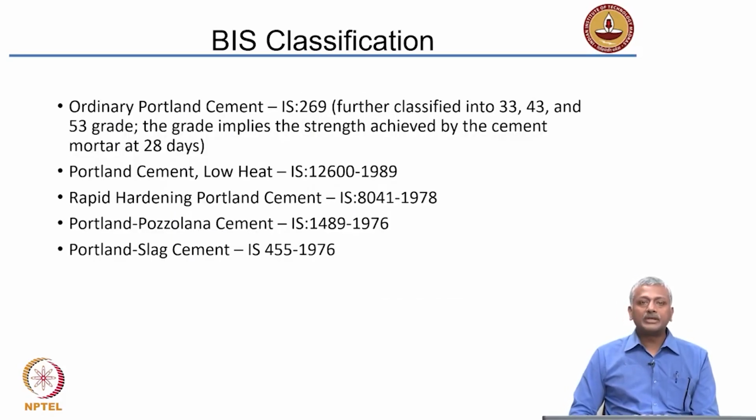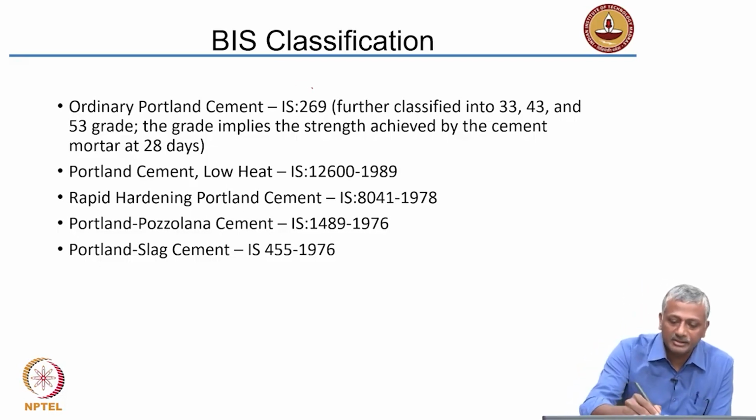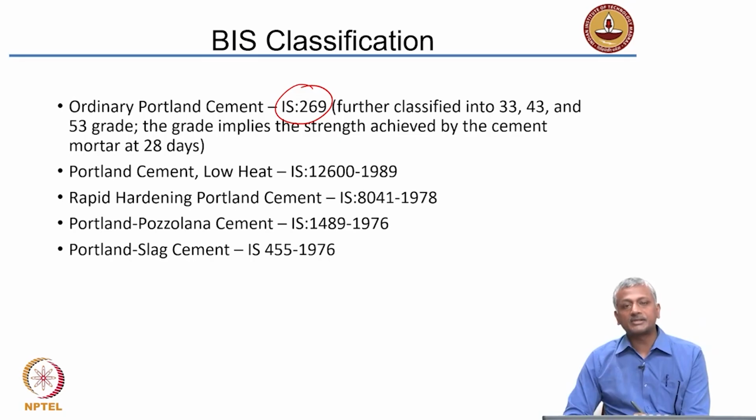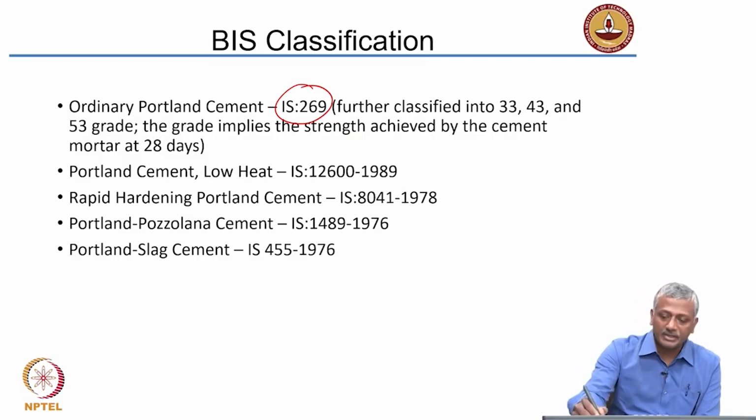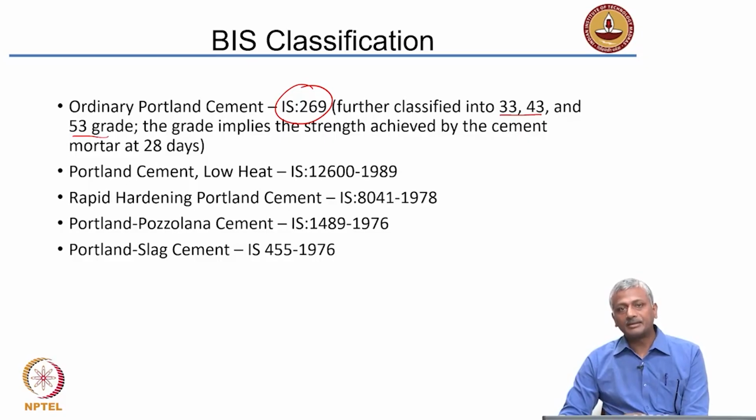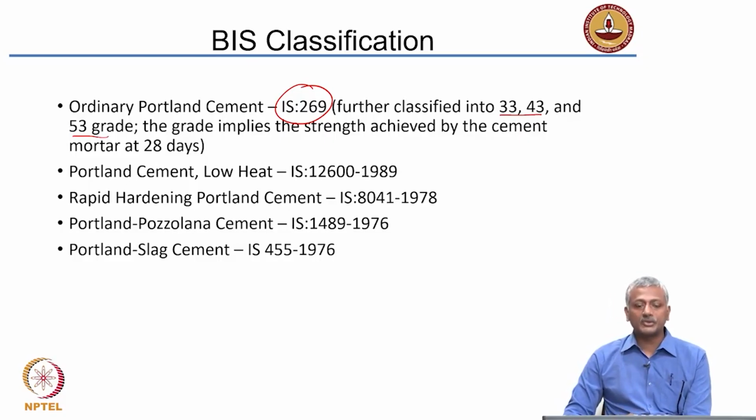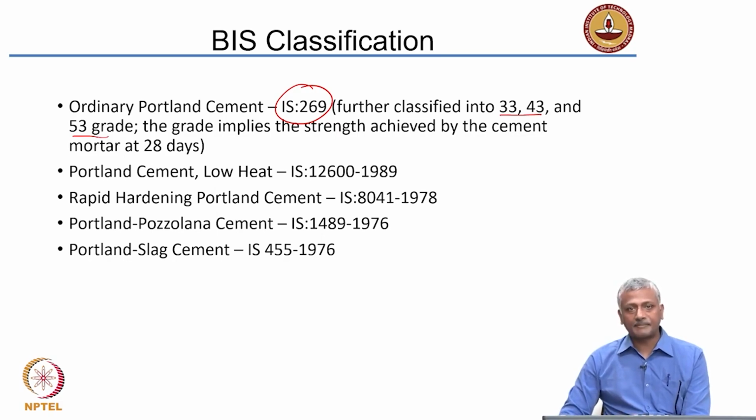Now, if you look at the Indian standard classifications, which are covered essentially in IS 269 for ordinary Portland cement, we define ordinary Portland cement in India into 3 grades: 33, 43 and 53 grade. And the grade of the cement corresponds to the strength achieved by the cement mortar at 28 days.